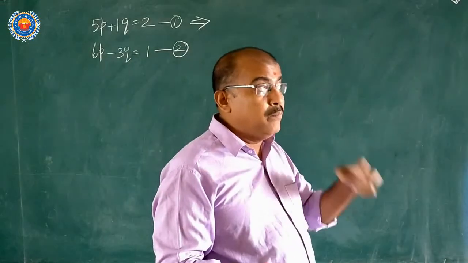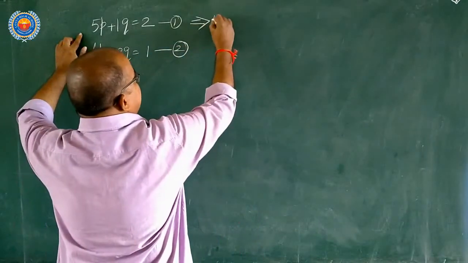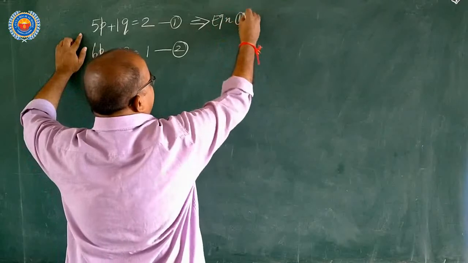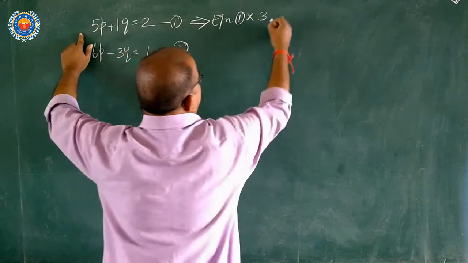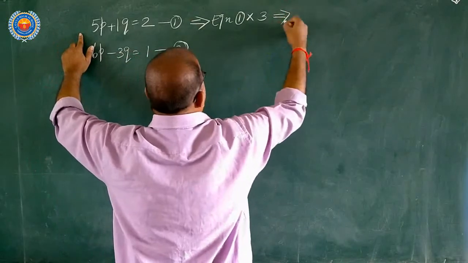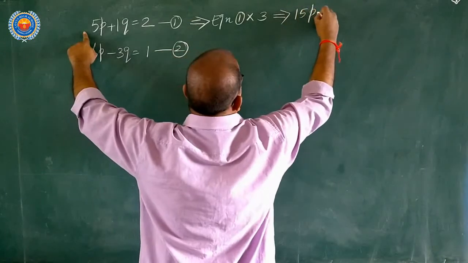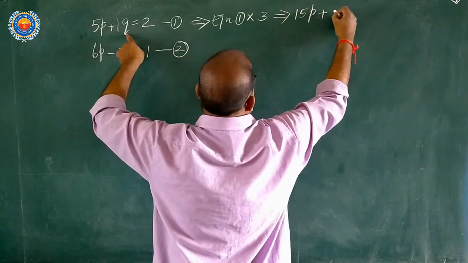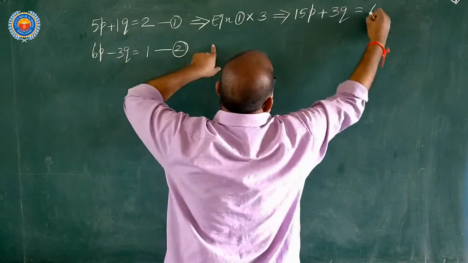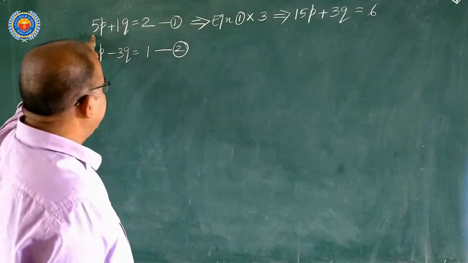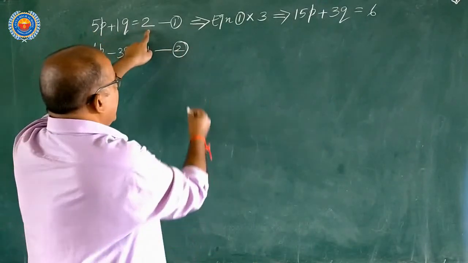For that I am multiplying with a constant. So what is the constant? Here, equation 1 into 3. Equation 1 into 3 implies 5 3s are 15p plus 1q into 3, 3q is equal to 2 into 3. 5 3s are 15, 3q, 3 2s are 6.